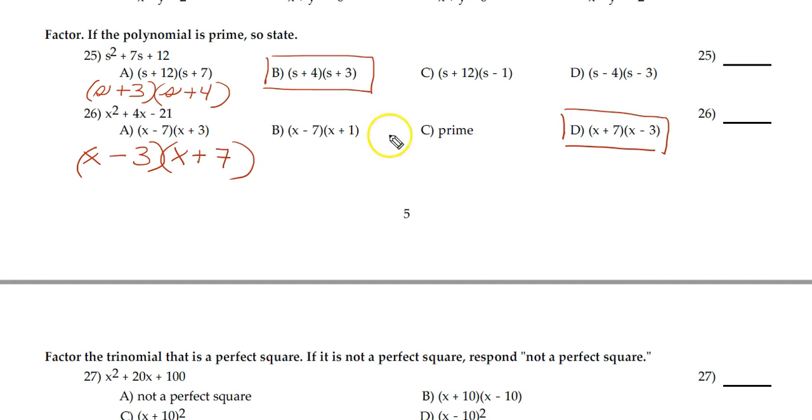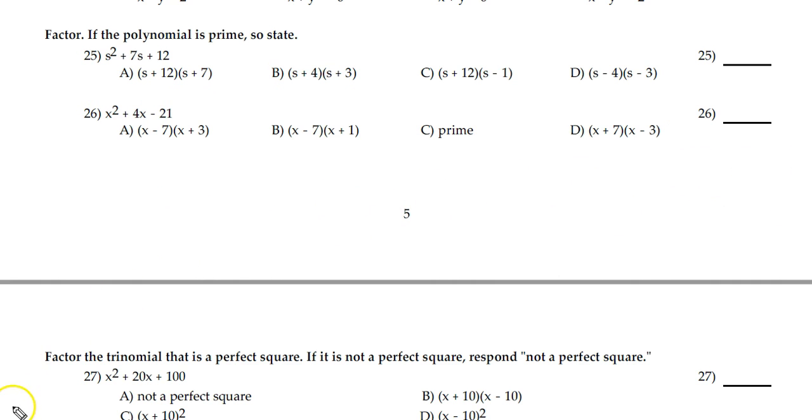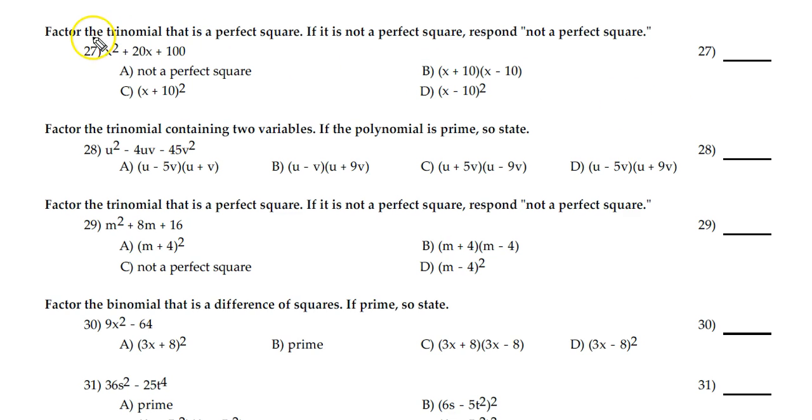Again, these can be reversed. It's perfectly okay like this. Now for number 27, as we look at this, I'll put it up here, 2 sets of parentheses.